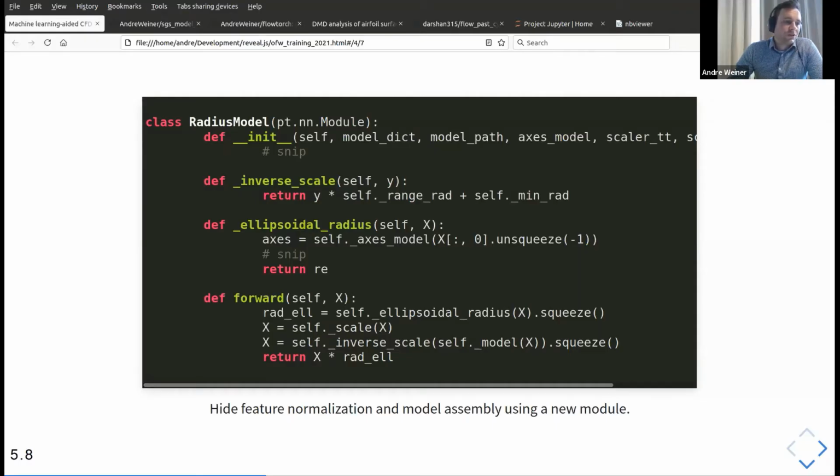You could also have tried to create one model that has the diameter, some kind of equivalent diameter, as an input feature, but this would have made the training unnecessarily complicated. All right, I hope this answers the question.